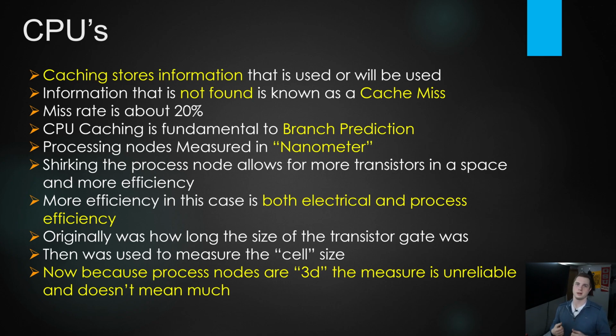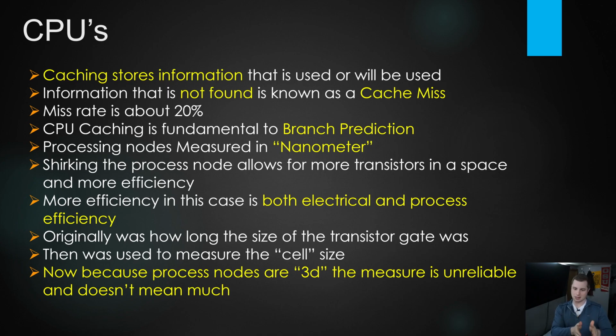When we're talking about computer land here, going to the RAM to get information takes a long time. So the closer the information can be relative to the CPU, the faster it's going to be in terms of latency.